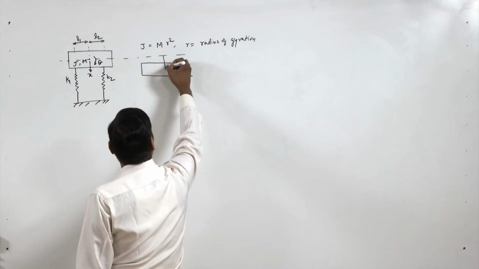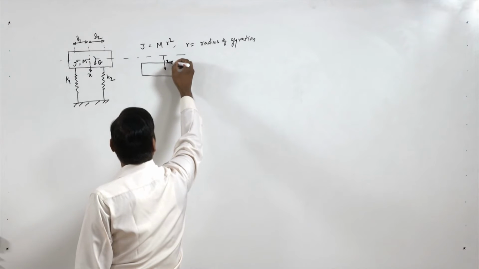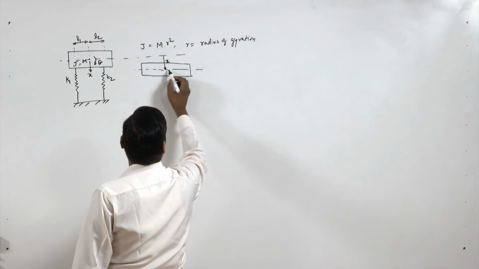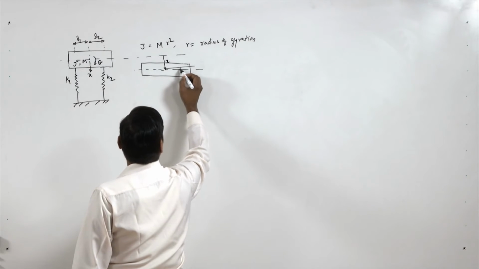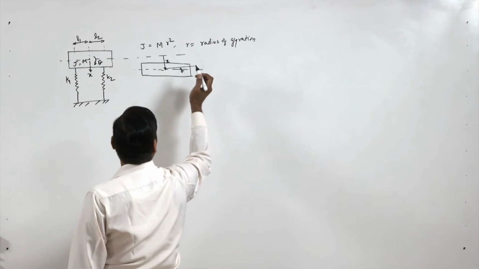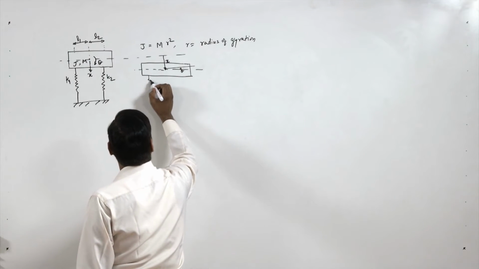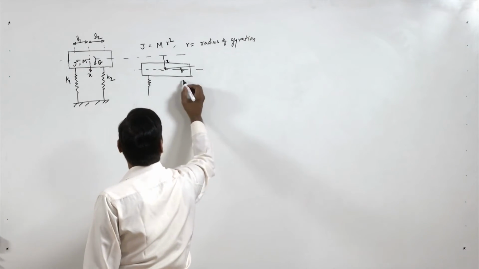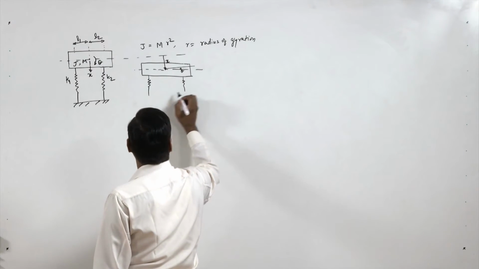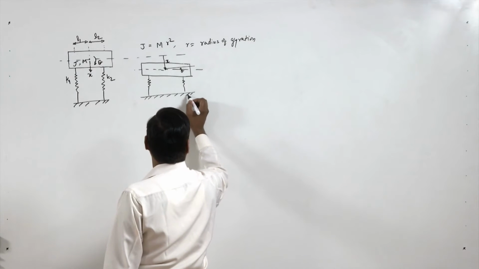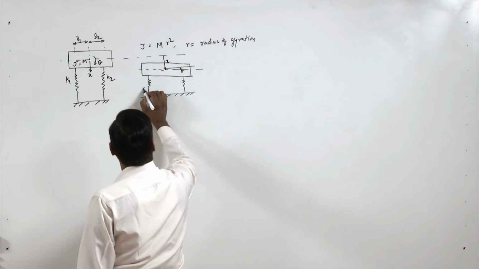Here it is displaced by x and here it is theta, and these are the two springs, compressed or extended. This is K1, K2.